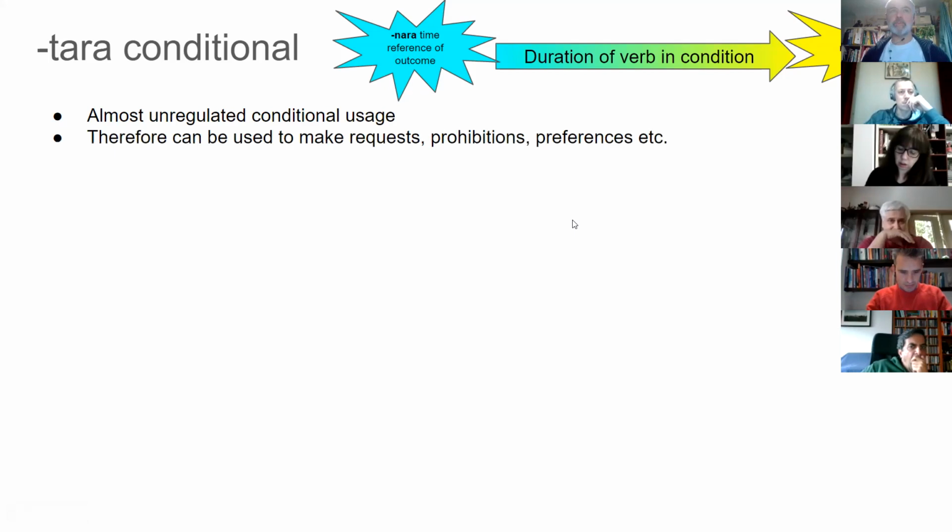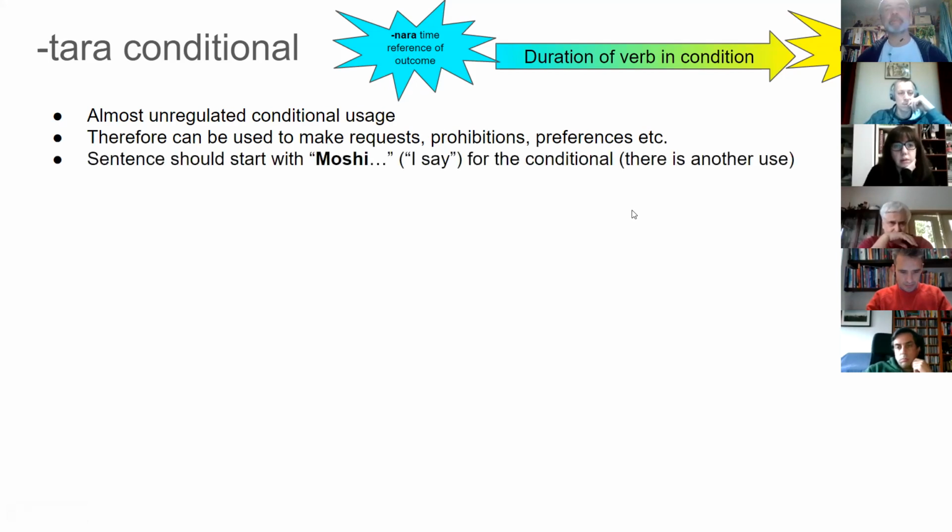But we can use it to make requests, prohibitions, preferences, etc., which is sometimes difficult with nara and sometimes difficult with the ba conditional. And if you're using it to express a hypothesis, so hypothetically, if this happens, then you should start the sentence with moshi. Otherwise, we end up using it to mean when something happens rather than if something happens.